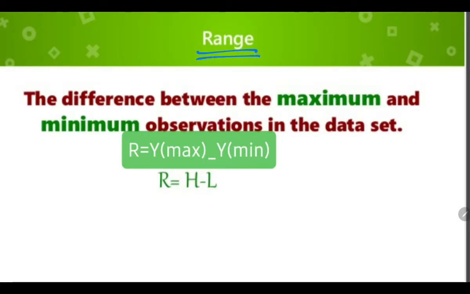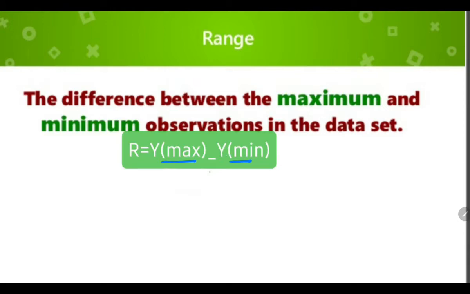Simply, the absolute measure range is the difference between the maximum and minimum observation in a data set. In this data set, R is the difference between the maximum value minus the minimum value.